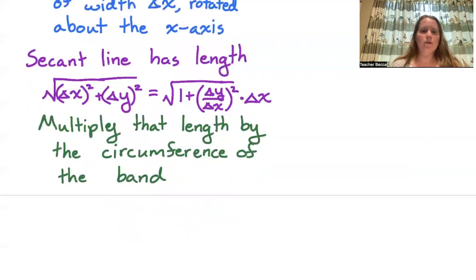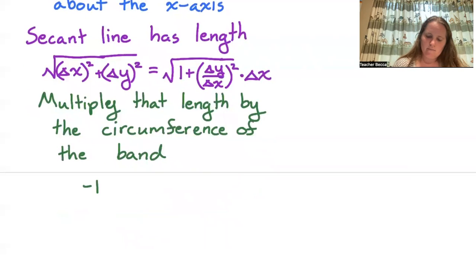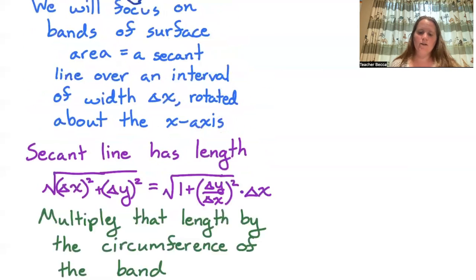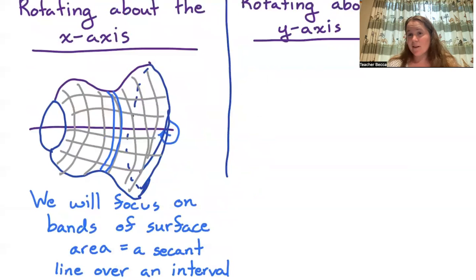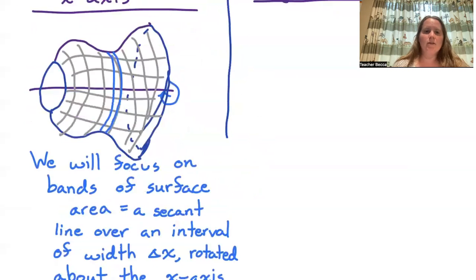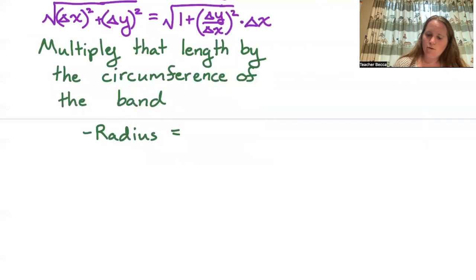So for the band, our radius in this case is essentially f of x at some representative x value. So the radius of our band will be f of x for some x in our interval, or f of xi.